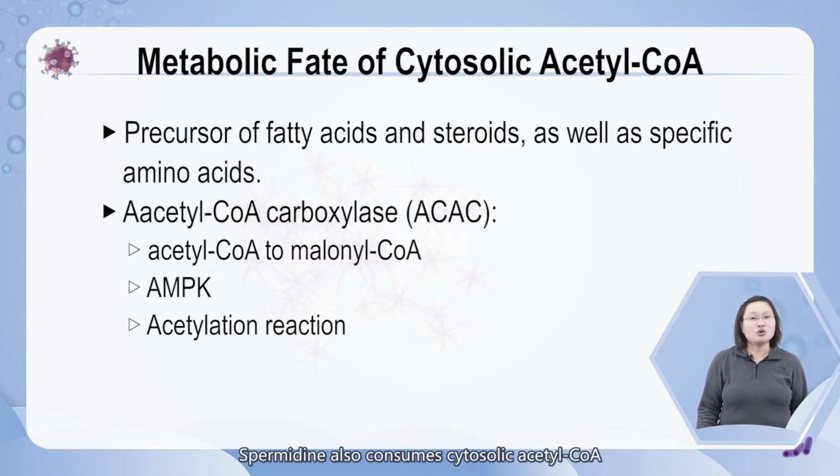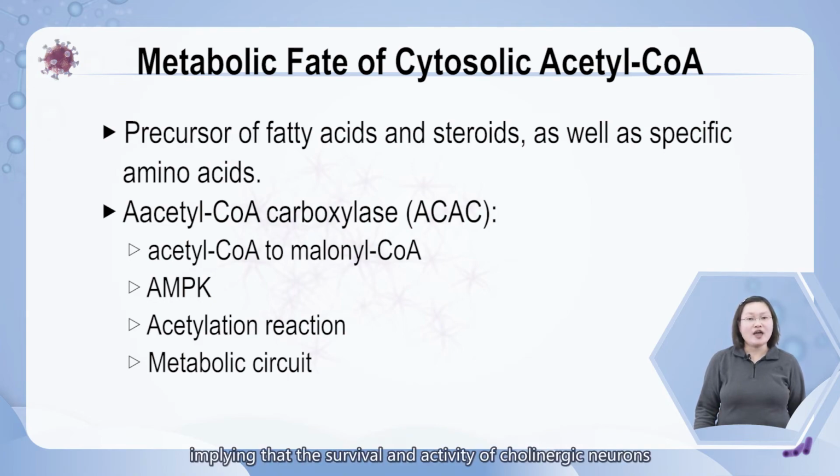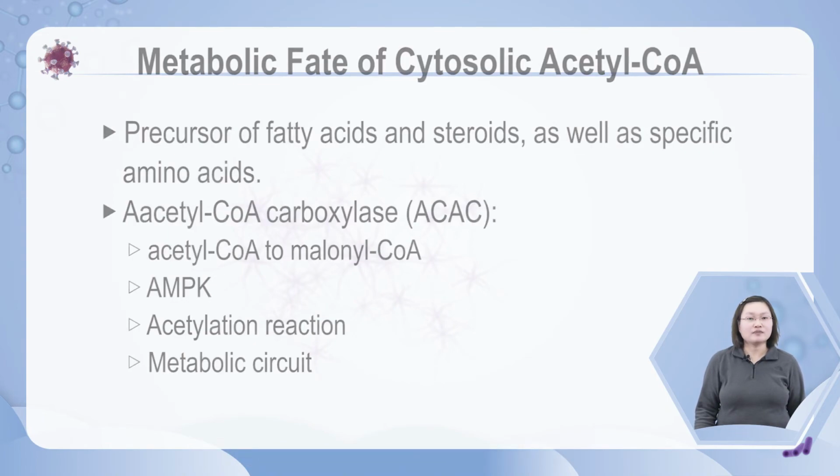Spermidine also consumes cytosolic acetyl CoA as it acetylates polyamines to facilitate their export from cells and, in fine, their excretion with urine. Cytosolic acetyl CoA is required for cell type specific metabolic circuitries such as the synthesis of acetylcholine, implying that the survival and activity of cholinergic neurons are particularly dependent on acetyl CoA.